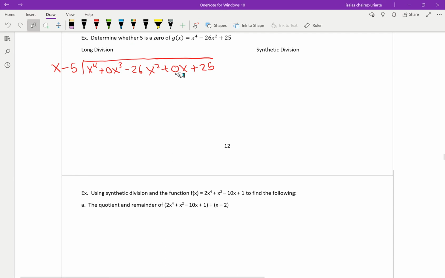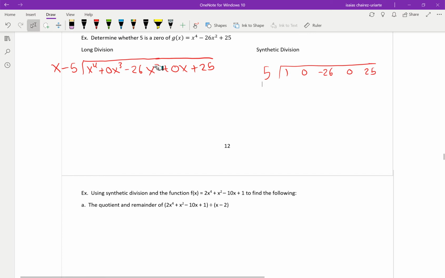Okay, now let me set up the synthetic division. To set up the synthetic division, I would do something similar. I would do 1, 0, negative 26, 0, and 25. And outside here, my divisor, in this case, it would just be 5. So let's see.